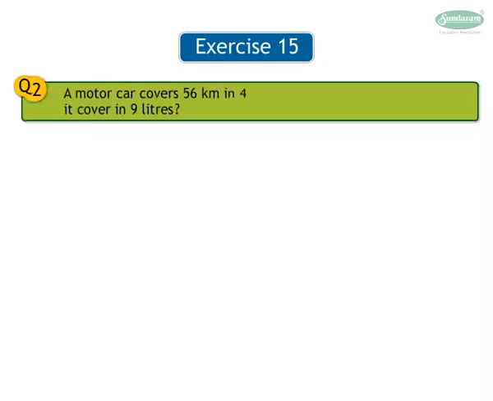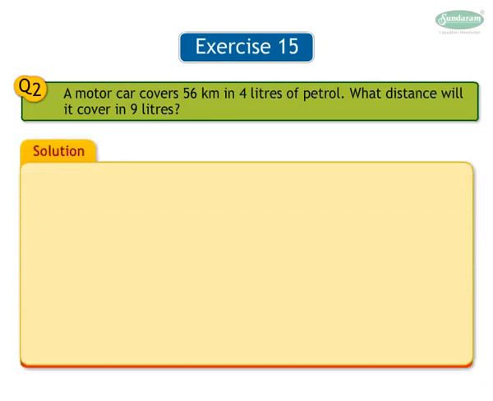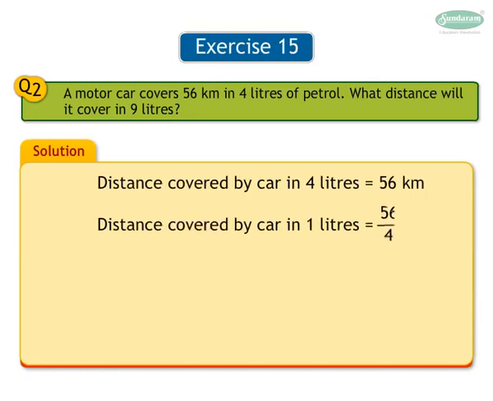Number 2. A motor car covers 56 kilometers in 4 liters of petrol. What distance will it cover in 9 liters? Solution. Distance covered by car in 4 liters is equal to 56 kilometers. Distance covered by car in 1 liter is equal to 56 upon 4, is equal to 14 kilometers.